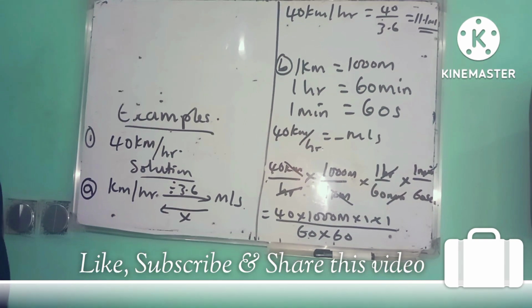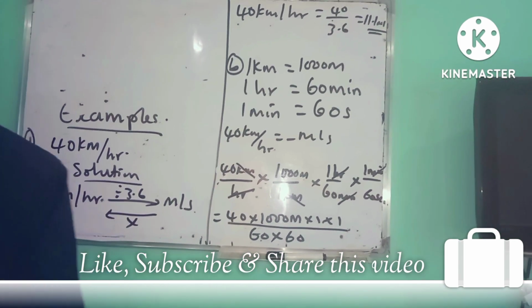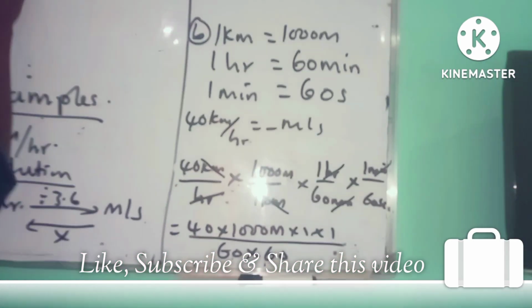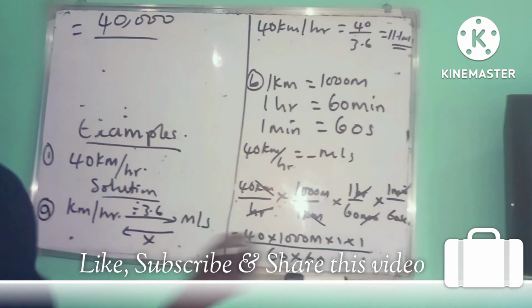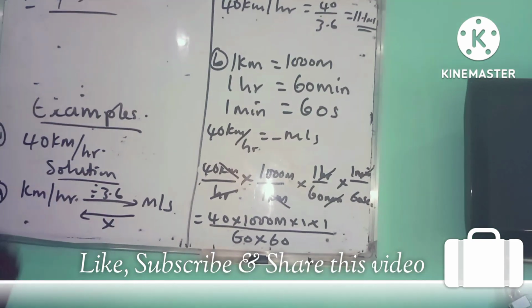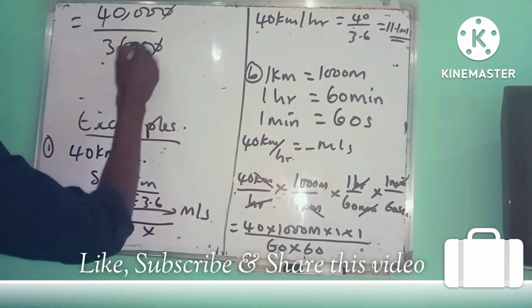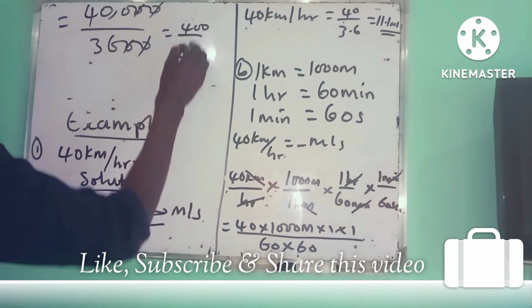So once you do the mathematics, 40 times 1000 is what? 40 times 1000, that is 40,000. 60 times 60 is what? 3,600. When you cancel this, you have 400 upon 36.